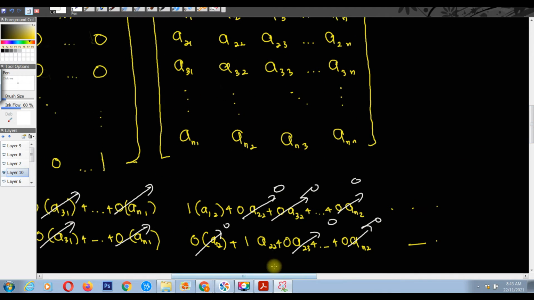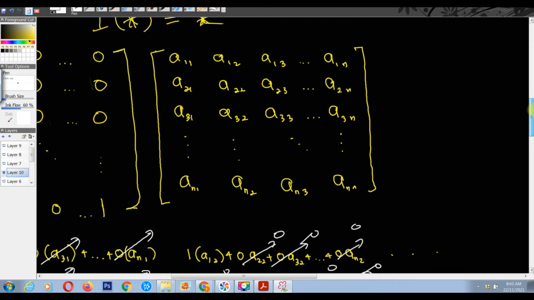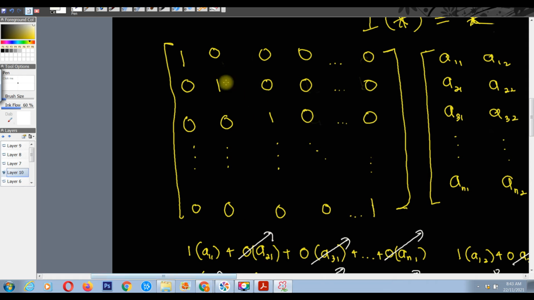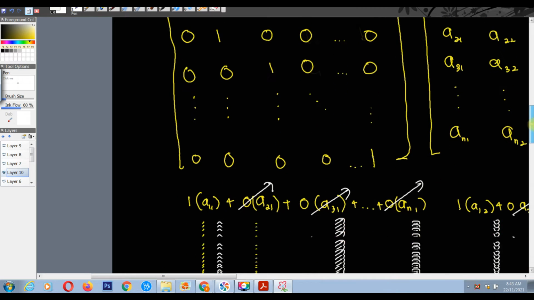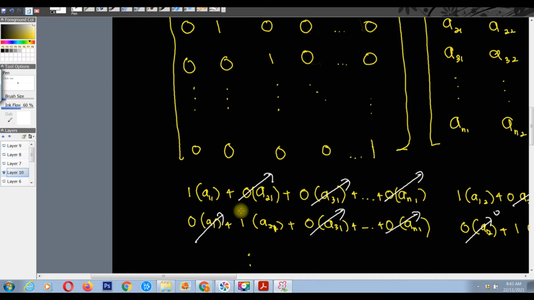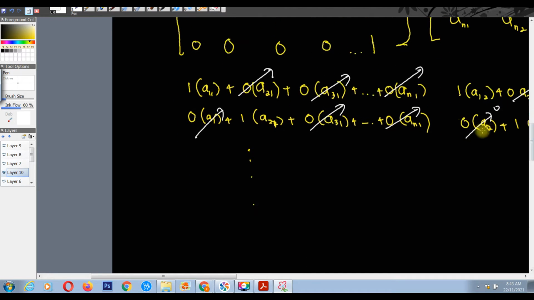The second term, you will get 2 2; the upper one we have 1 2; at the left-hand side we will get 1 1 or 2 1.